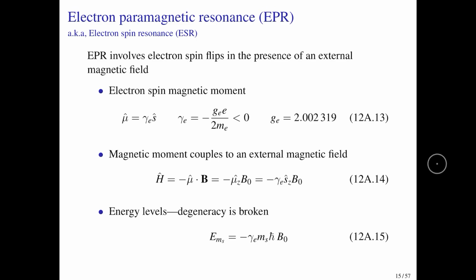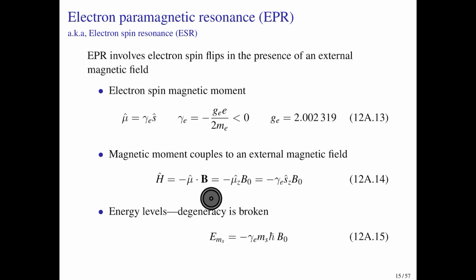And so what I've worked out here, which I don't need to cover in any detail, the spin angular momentum gives rise to a magnetic moment for the electron. There is a magnetogyric ratio for the electron, an electron g factor of about 2.